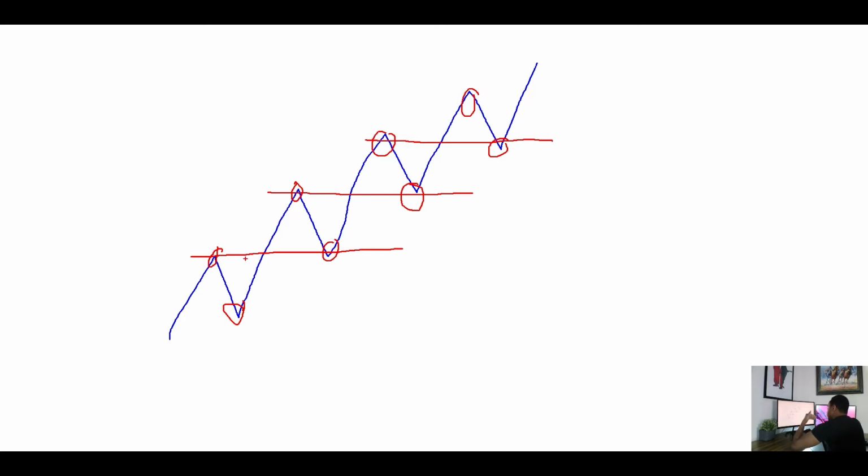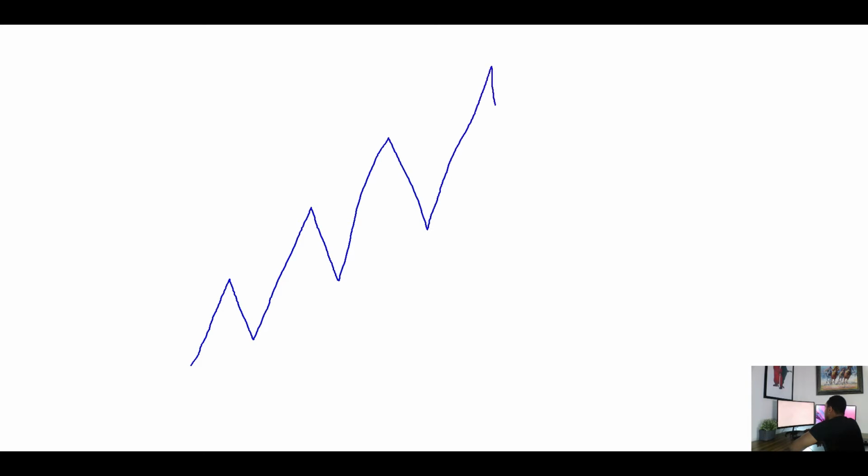For an uptrend to stay valid, we need to remain above our previous swing low. Let me show you an example. Here's our uptrend, and let's say we had another push to the downside, broke through that previous resistance and support, moved all the way down here and then had another push to the upside.